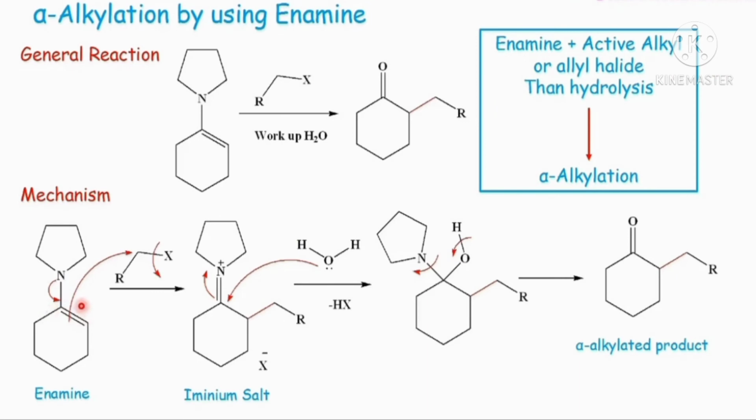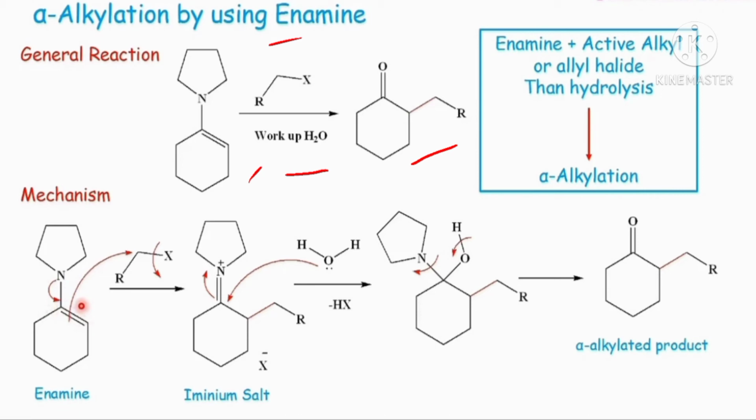Next, by using enamine, the formation of the alpha alkylation reaction. Okay, here the general reaction: enamine reacts with an active alkyl halide, work up with water or hydrolysis takes place, and the formation of the alpha alkylation reaction.